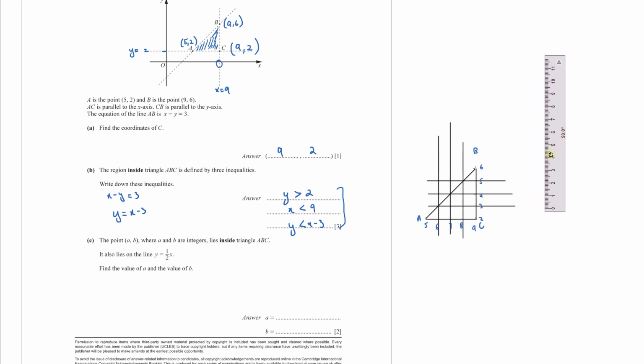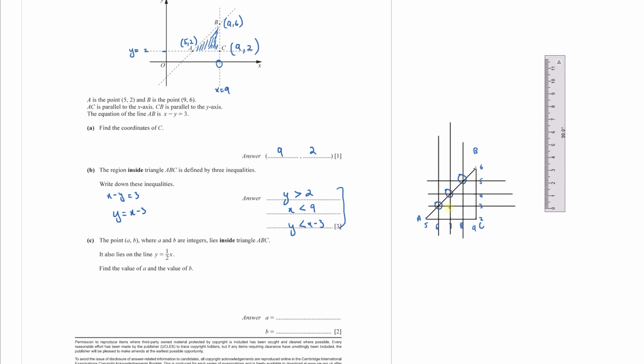So let's look at the integer coordinates that are inside this region. You have this point here, this point here, this point here. So this is 6, 3, 6 on the x-axis and 3 on the y-axis. But all these 3 points are on the boundary line AB. So these are not part of the region.